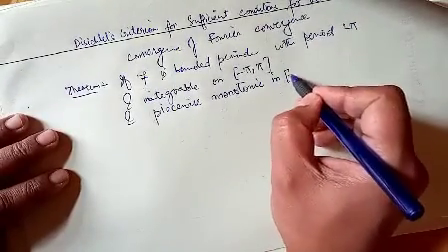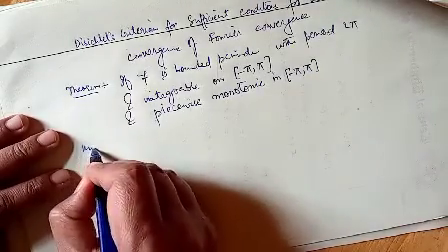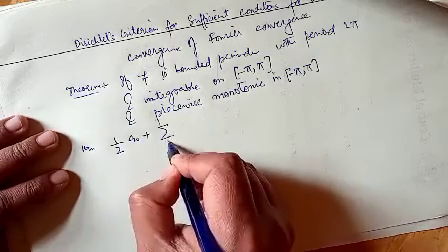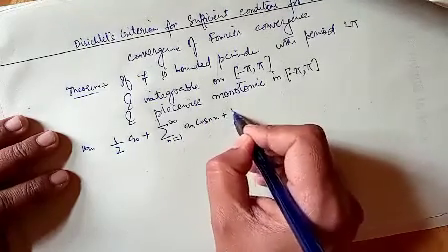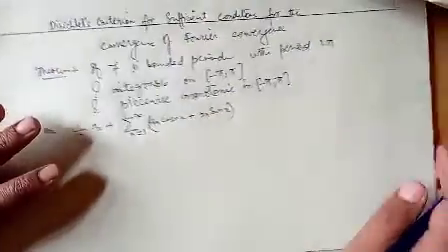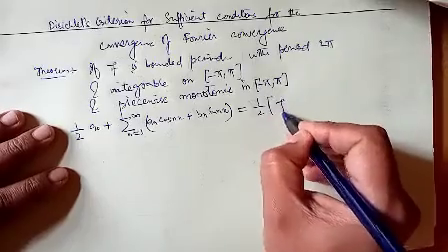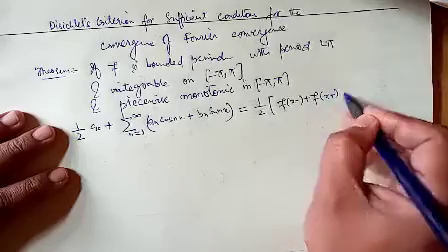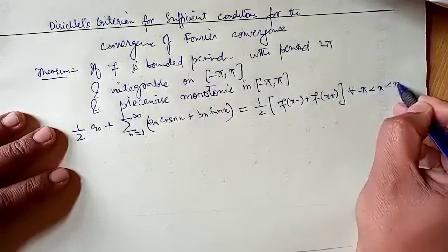If it is piecewise monotonic and periodic in this interval and of course integrable, then its Fourier series, that is 1 by 2 a0 plus summation n runs from 1 to infinity a_n cos nx plus b_n sin nx, that is the Fourier series of this function, would be just the average of its limiting values at x, that is 1 by 2 of f of x minus plus f of x plus for all x lying between minus pi and pi, the open interval, right?